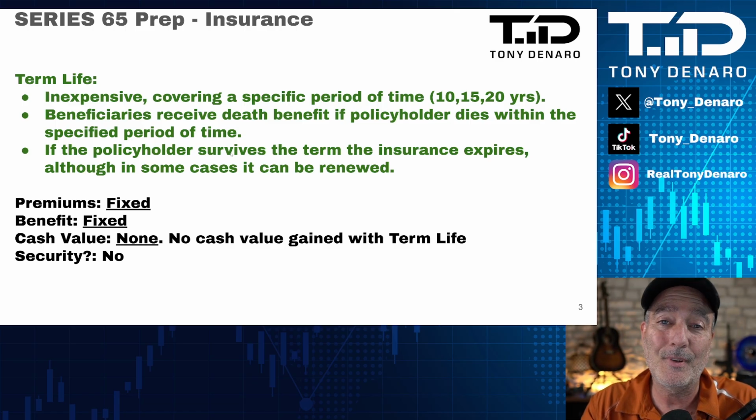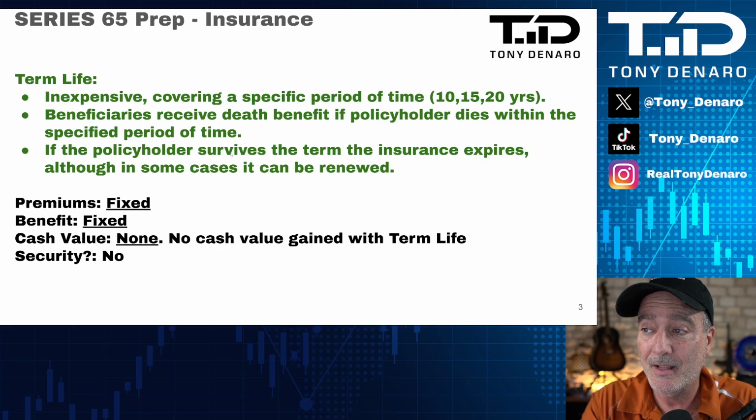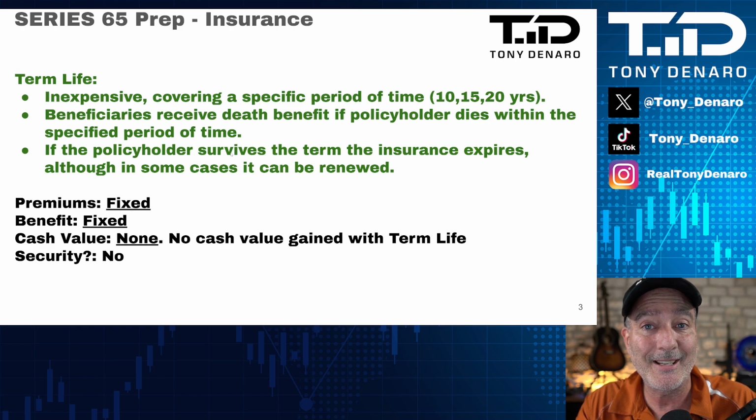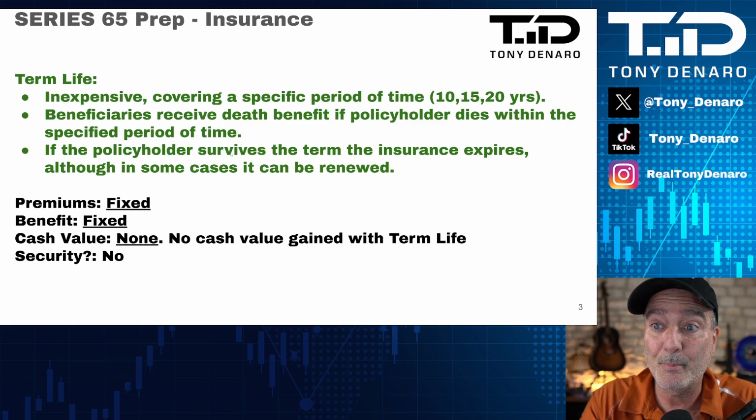Term life, most of us understand what that is. It is the most inexpensive insurance option, and it covers a set period of time, 10, 15, 20 years. Typically, you're going to get that if you're young, maybe young and married, and you've got a beneficiary or a kid that you're wanting to make sure are taken care of if something happens to you, and you're just looking for something inexpensive to cover that certain period of time.